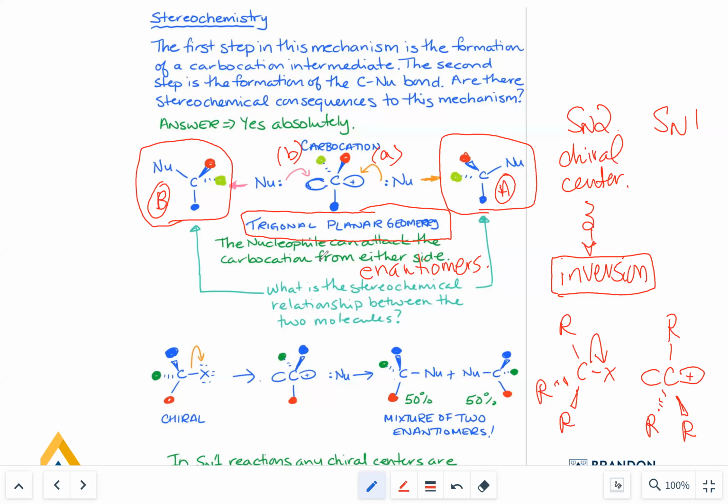So you're going to make two enantiomers. And they're going to be a 50-50 mixture of those two enantiomers. And so this would be a racemic mixture. So in an SN1 reaction, if you have a chiral center, instead of getting inversion, you get racemization.